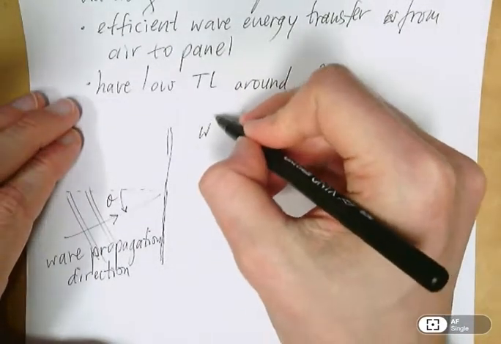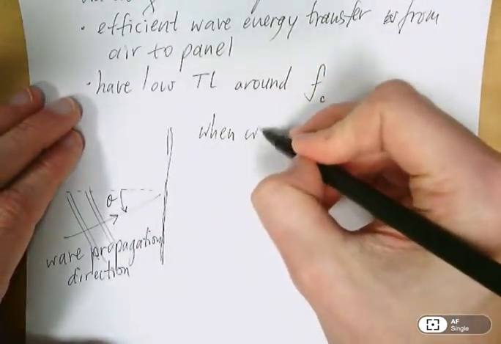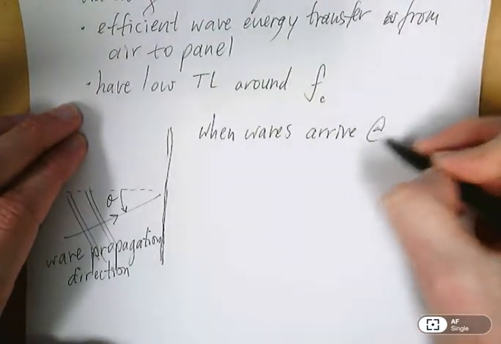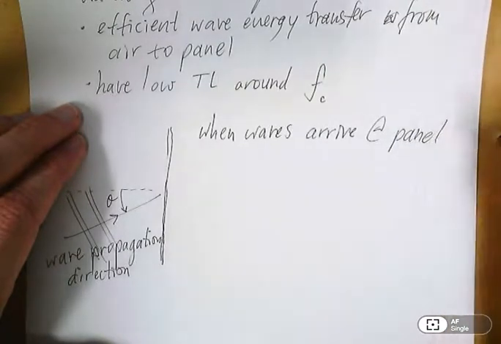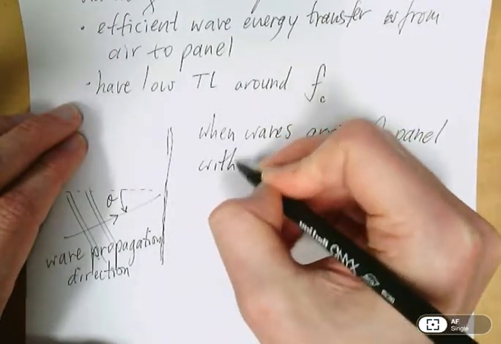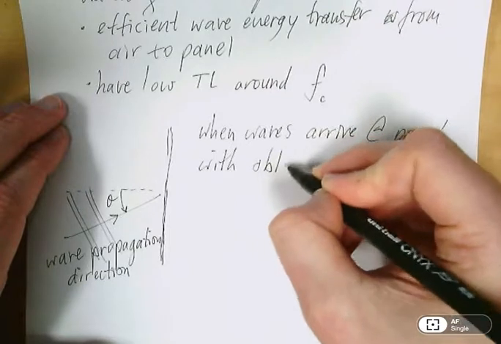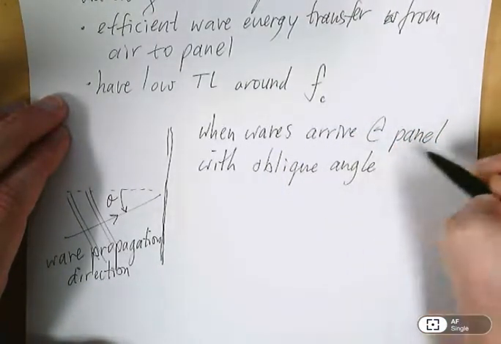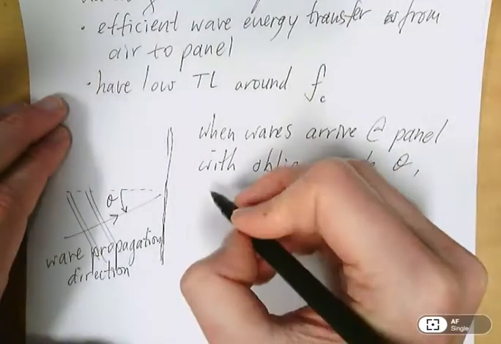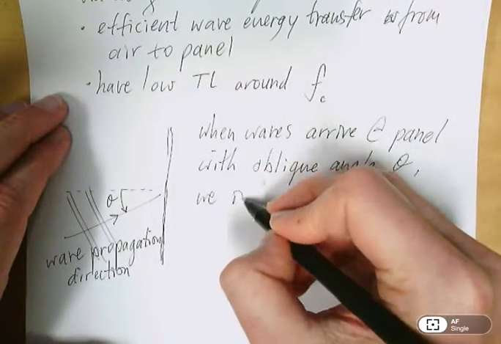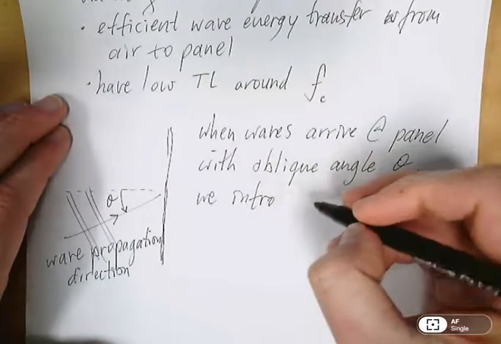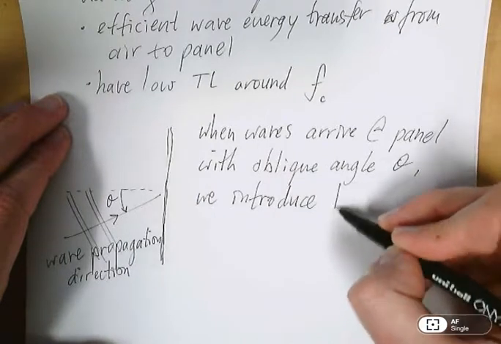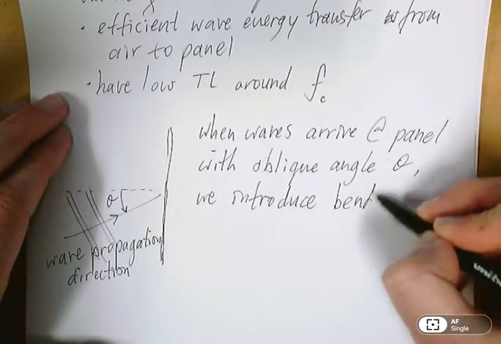So when waves arrive at the panel with oblique angle theta, we need to introduce something called the bending impedance to characterize the influence of that angle of incidence.